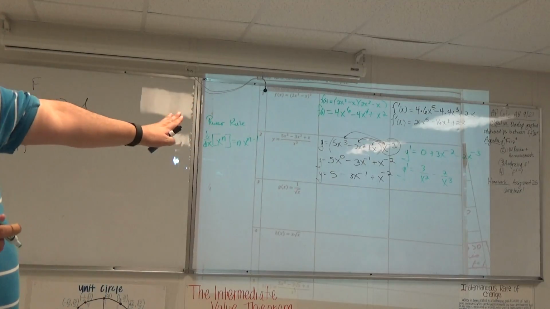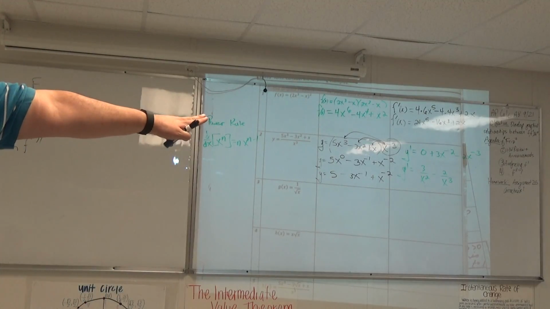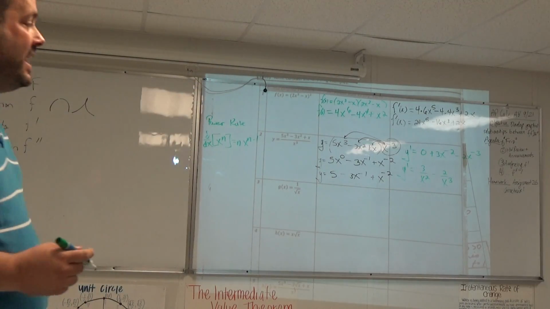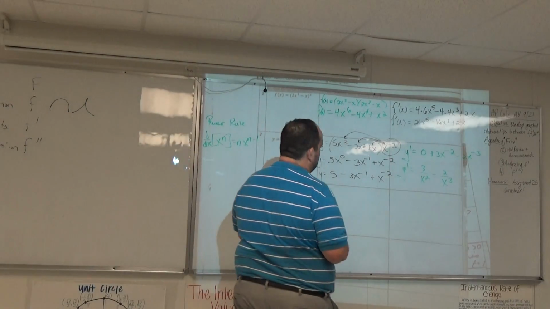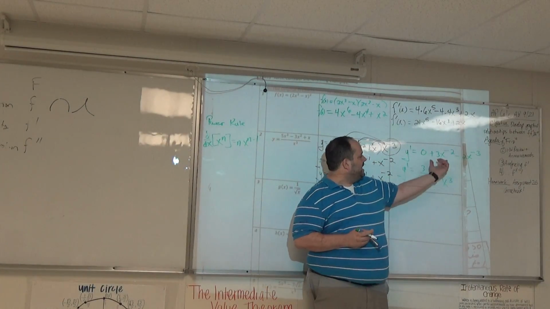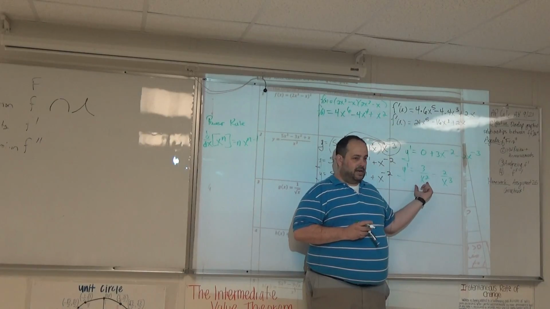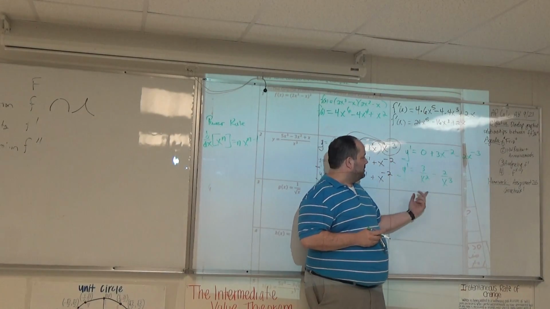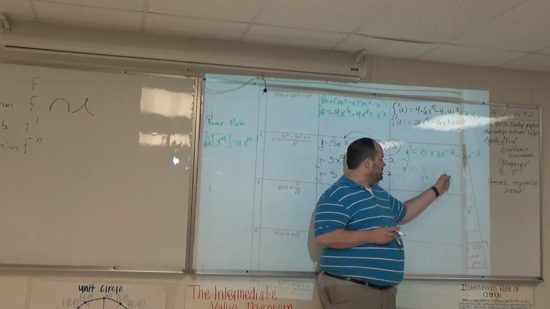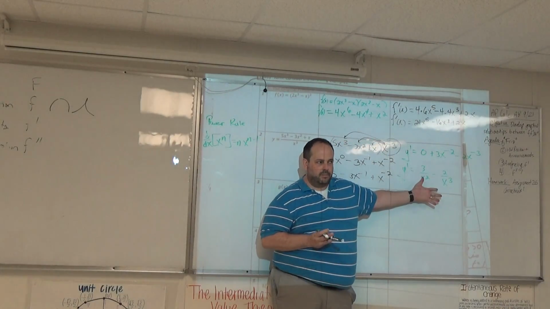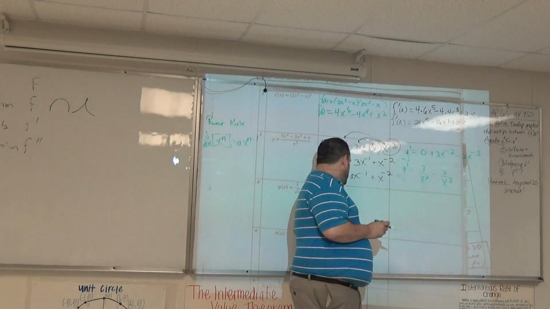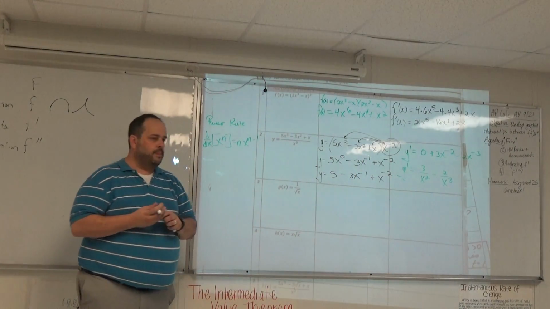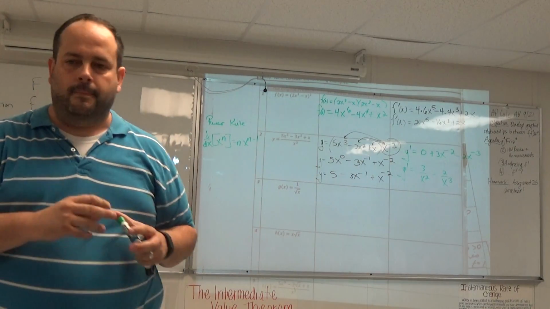Y prime, I've got 0 plus 3x to the negative 2 minus 2x to the negative third. I like that. The way I'm more likely going to show this on something like the unit test, I'm going to push you to re-express without using negative exponents: 3x to the negative 2 is 3 over x squared, negative 2x to the negative third is negative 2 over x cubed. Everybody good? All right, see what you can do with 3 and 4. We'll talk in a little bit.